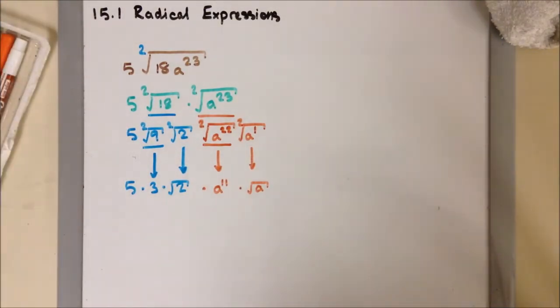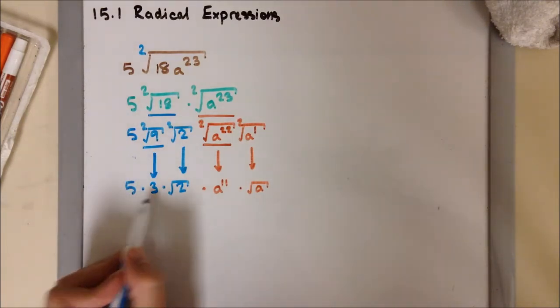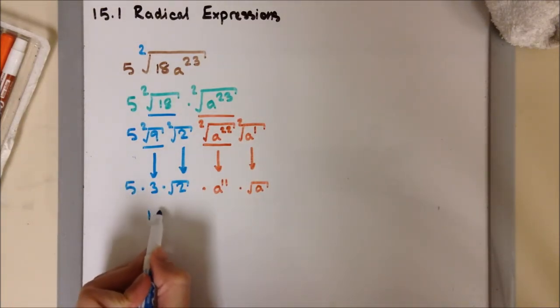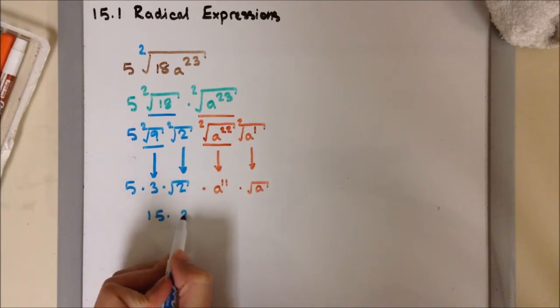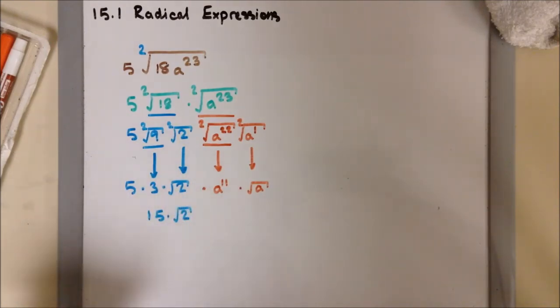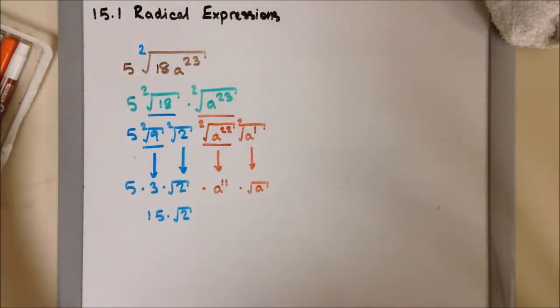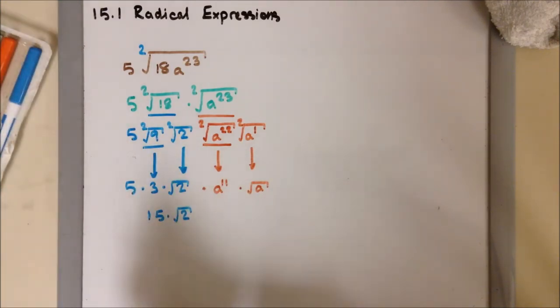From there, I'm going to do 5 times 3, which is 15. I'm still going to have the square root of 2. And I'm still going to have the a to the 11th power times the square root of a.